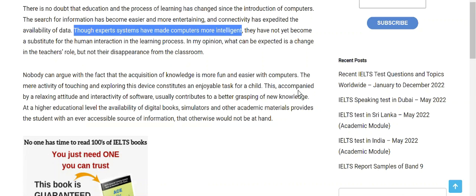These, accompanied by a relaxing attitude and interactivity of software, usually contribute to a better grasping of new knowledge. At the higher education level, the availability of digital books, simulators, and other academic materials provides the students with an ever accessible source of information that otherwise would not be at hand.